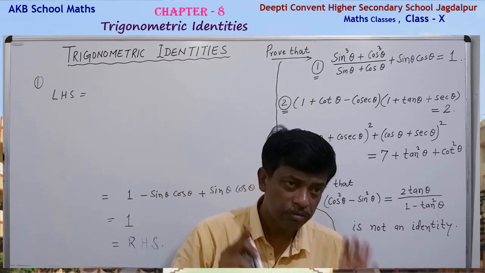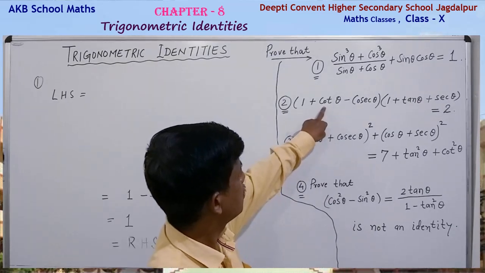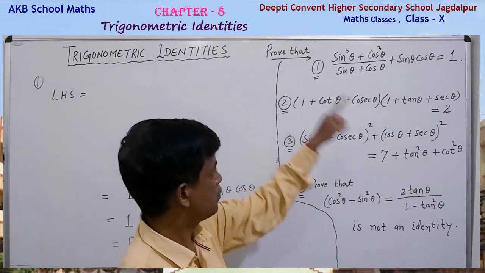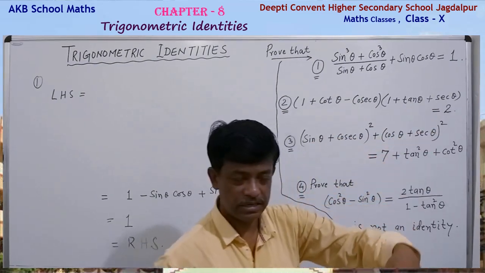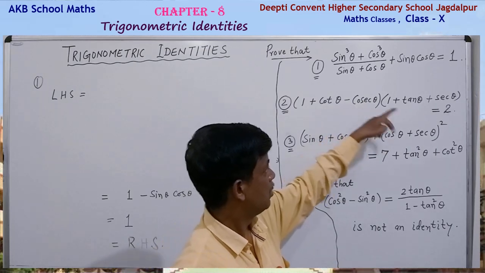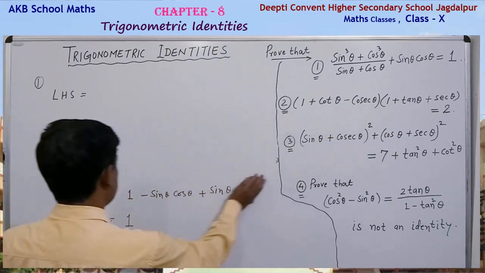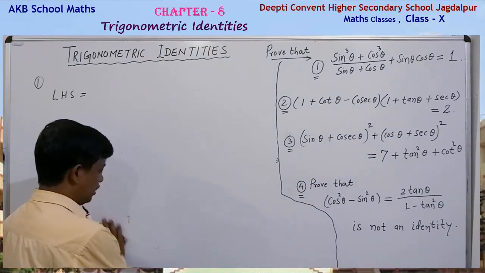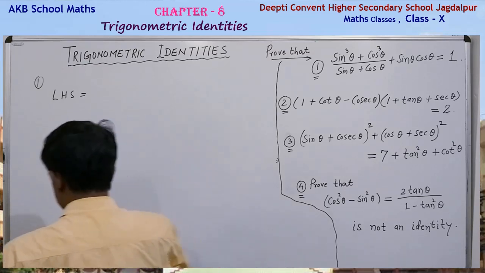So cot changes to cos by sin, tan changes to sin by cos, cosec means 1 by sin and sec means 1 by cos. We are using it like that to get the right hand side.